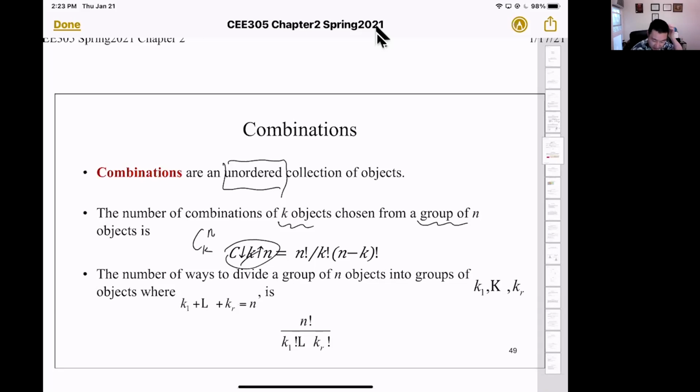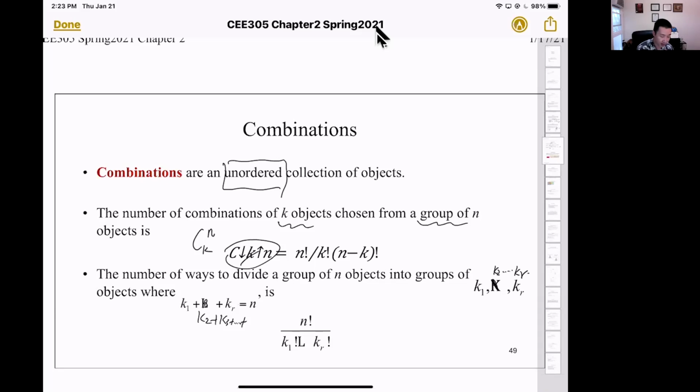So here is a special situation. The number of ways to divide a group of n objects into groups of k1, k2, up to kr, where k1 plus k2 plus k3 plus up to kr is equal to n.